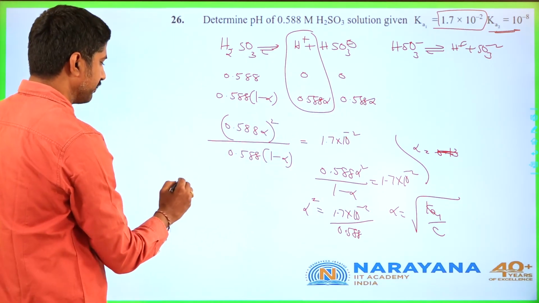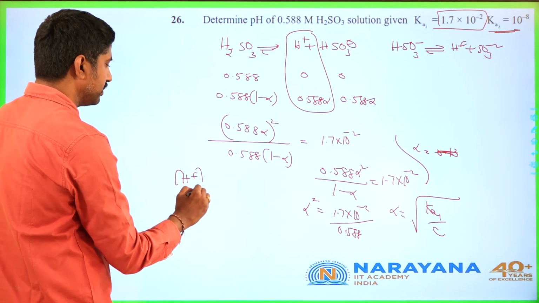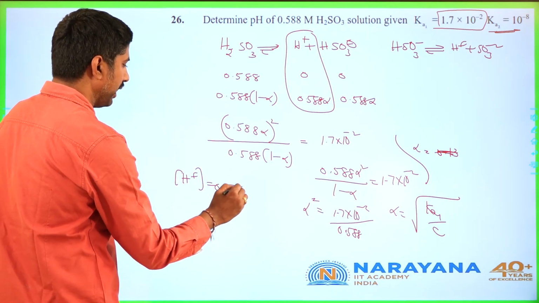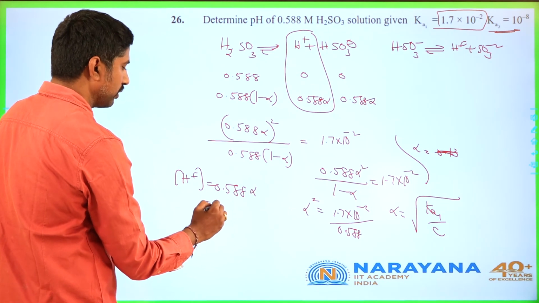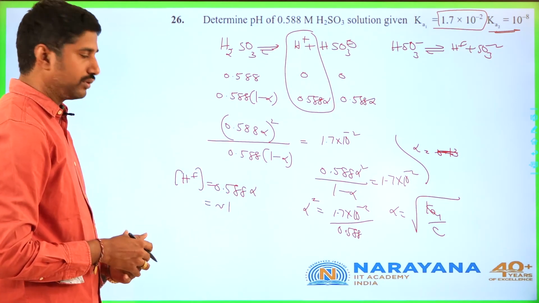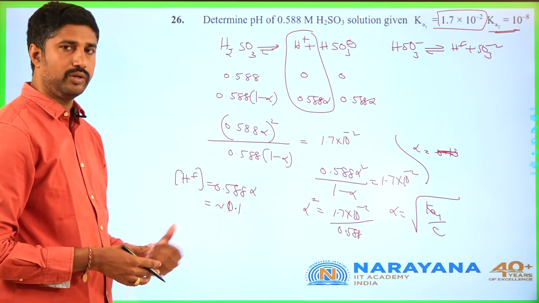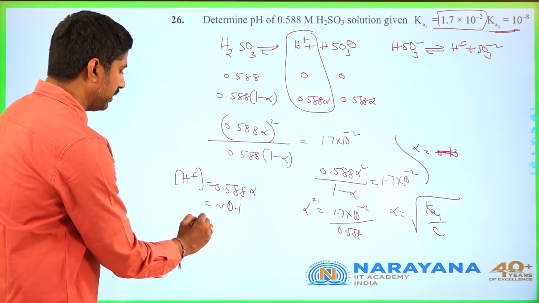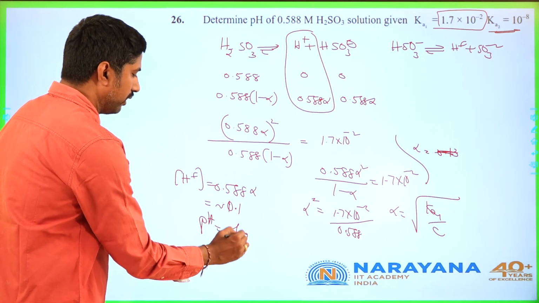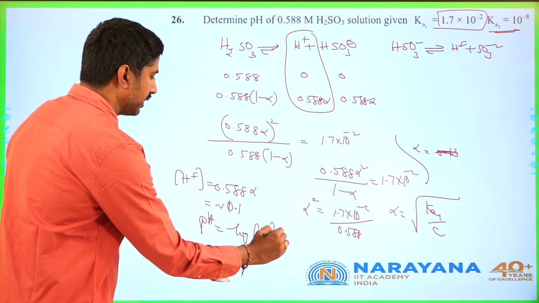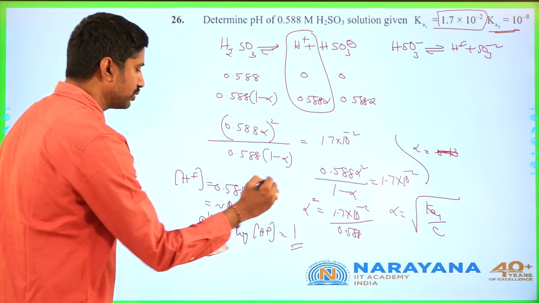On solving them, the total H plus concentration will be 0.588 alpha, which is close to 0.1. If H plus is 0.1, then the pH value is minus log of H plus, which we write directly as close to 1.